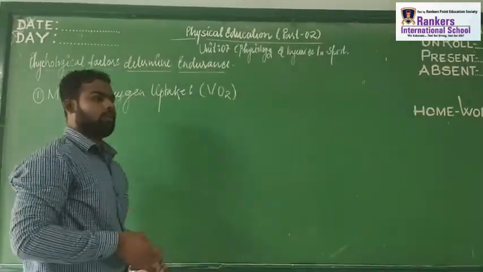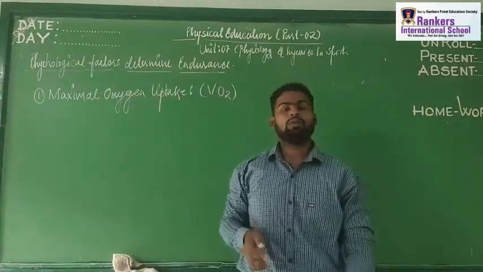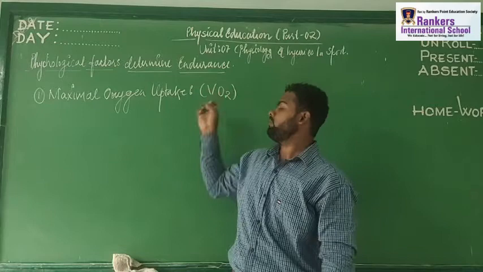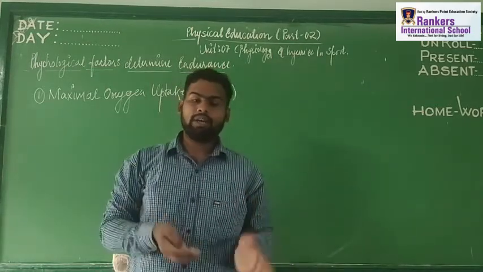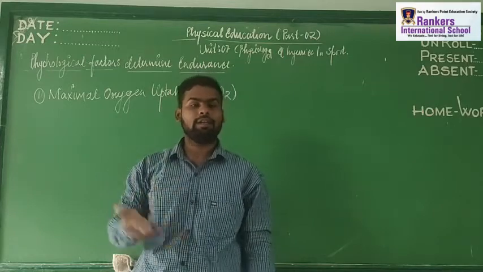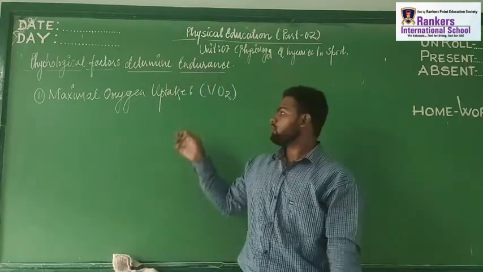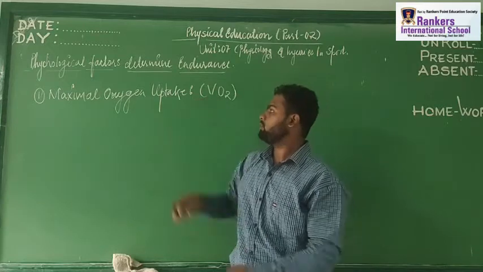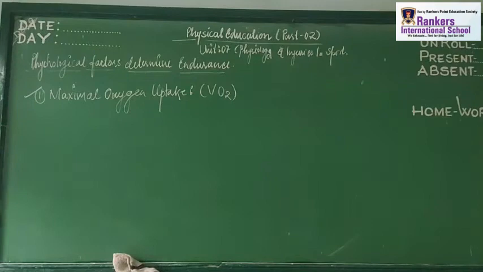Because when you are doing a short-term activity or a long-term activity, your maximum oxygen intake should be very good. It refers to the highest rate at which oxygen can be consumed. So it is very important that the individual has a good maximum oxygen uptake, right?